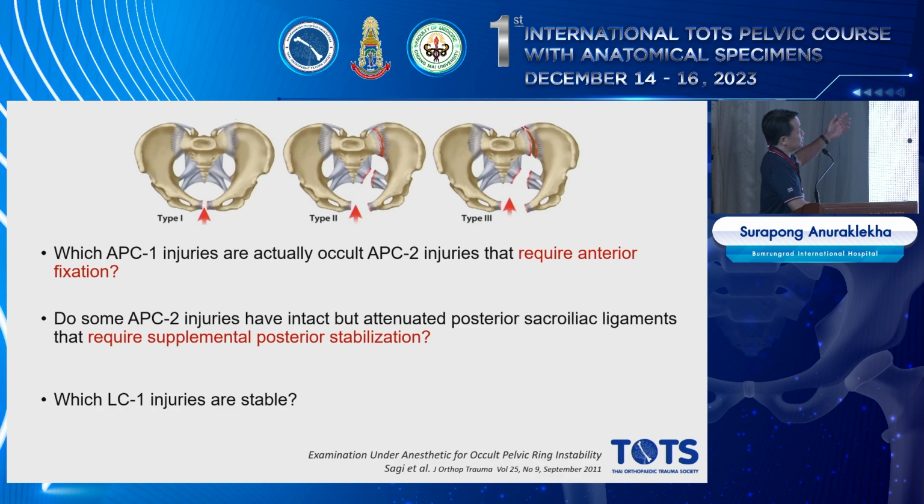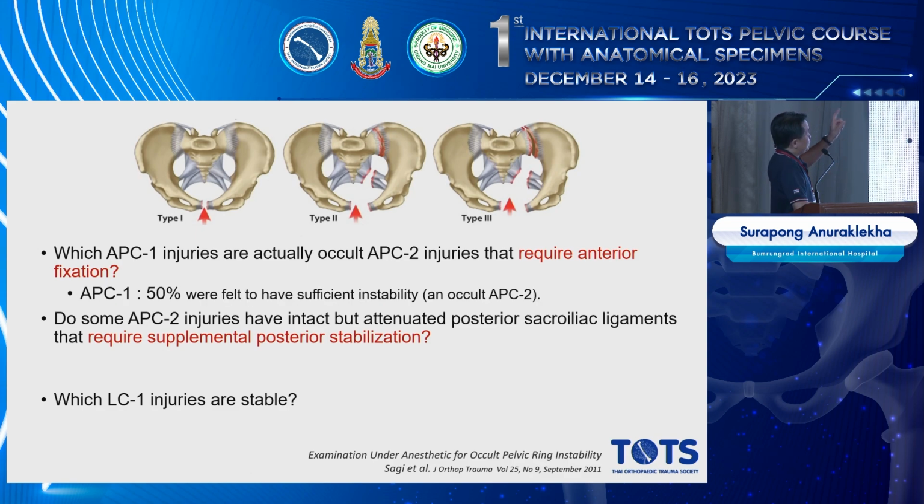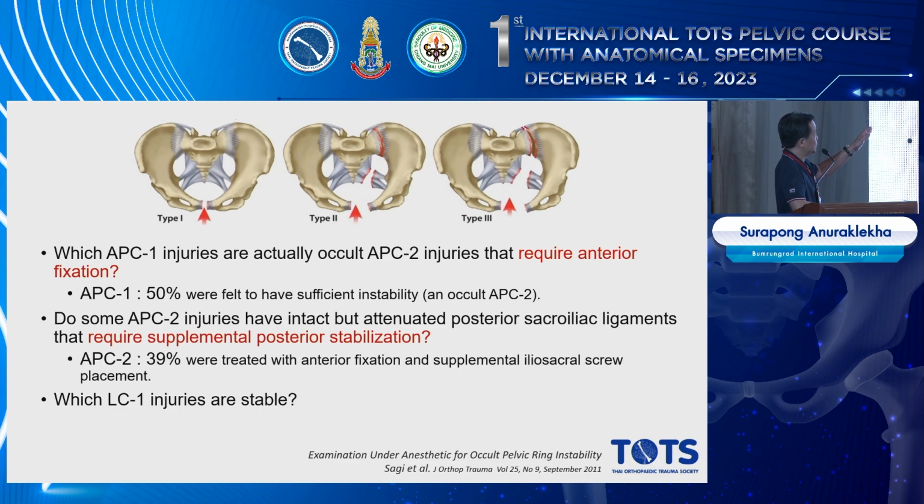So to answer this question from this publication, when they did the EUA, it was found that half of the cases that they believed were APC1 were actually occult APC2 that required internal fixation. For the APC2 as well, whether they need the posterior supplementary fixation or not, this literature showed that almost 40% required the supplemental iliosacral screw fixation.